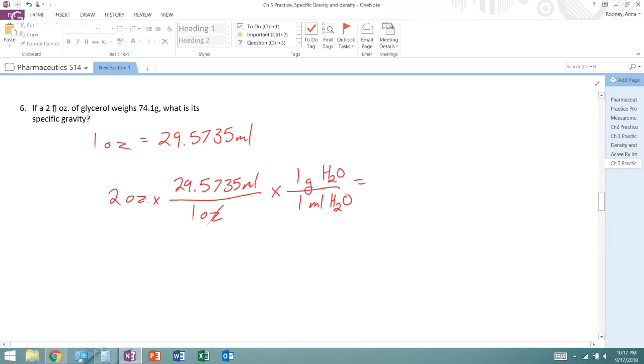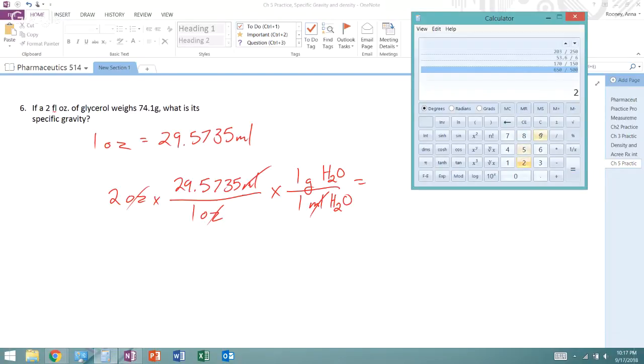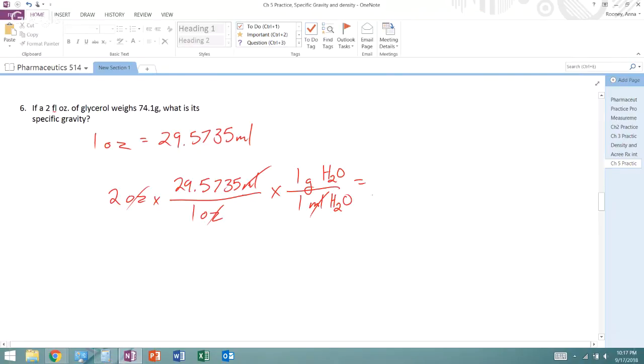So these cancel out, these cancel out, and then you just have grams of H2O. So that would be 59.147 grams H2O.